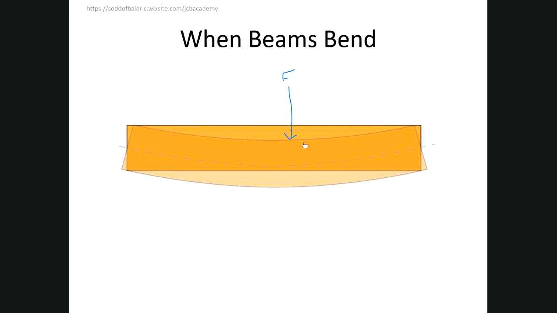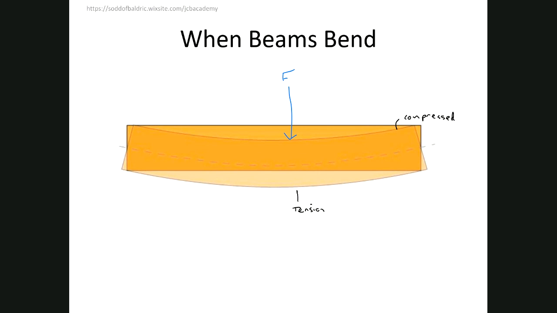By bending, the top half is being compressed and made shorter, and the bottom part of it is being stretched or put under tension, and so will get longer. Now what this will cause is a curve in the beam.